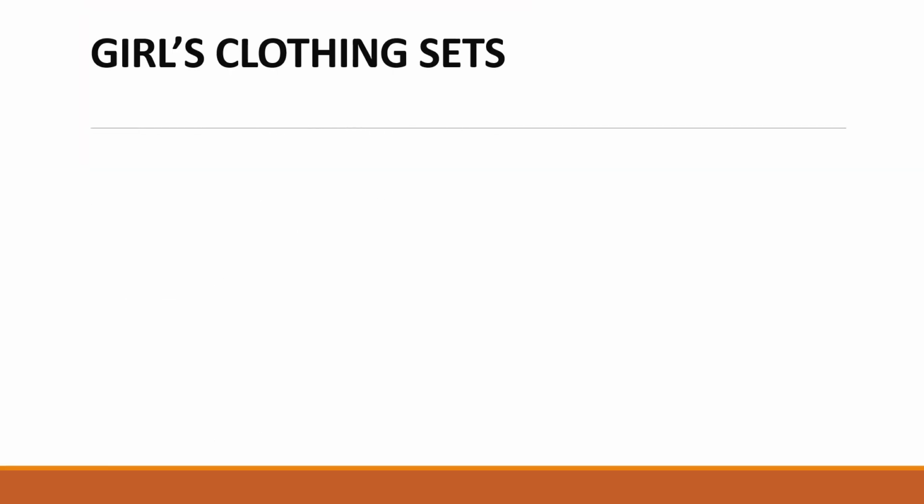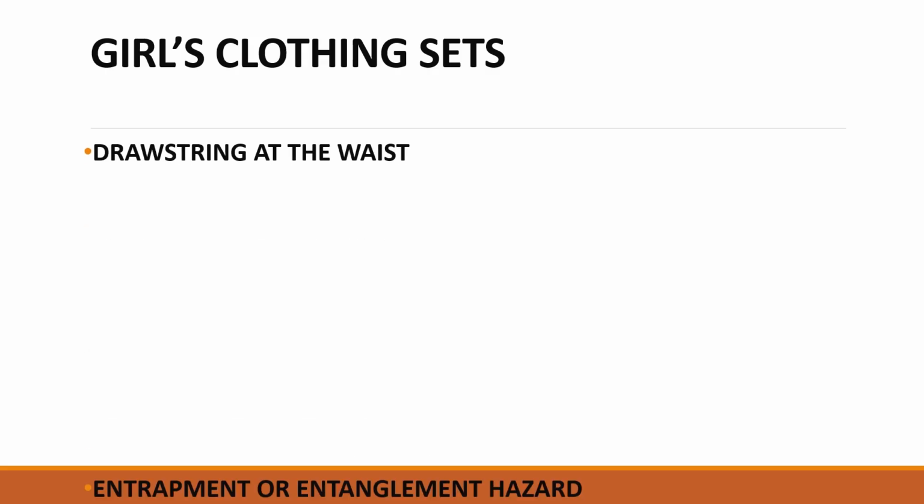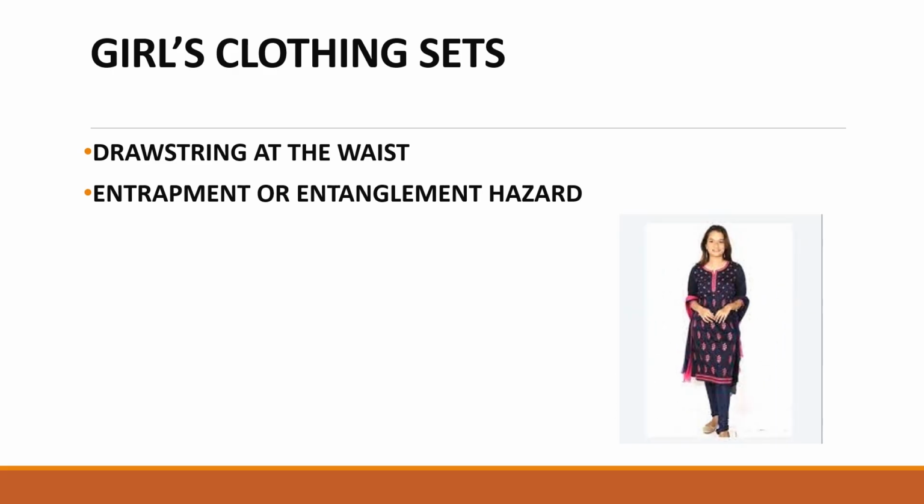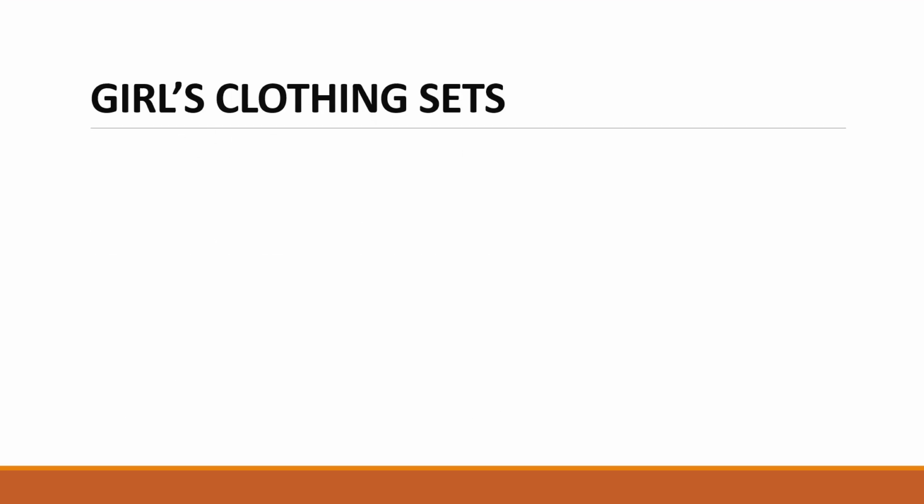There are other cases like girls' clothing sets. If you see, there were drawstrings at the waist area, and they can also cause entrapment or entanglement hazards. So drawstrings at the waist were the problem here. Now who was responsible for this? The store responsible was Kmart. It is a famous US brand, Kmart.